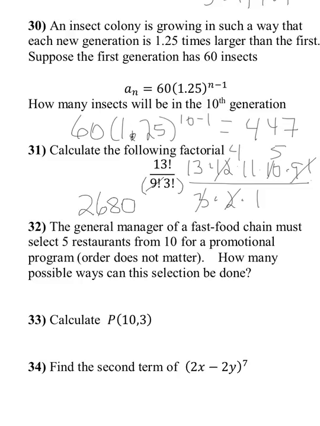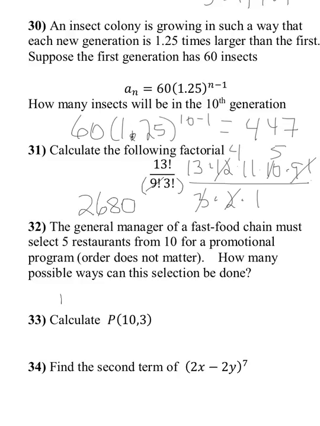All right, so number 32, the general manager of a fast food chain must select 5 restaurants from 10 for a promotional program. Order does not matter, so this is going to be a combination. How many possible ways can this selection be done? In your calculator, from the main calculation screen, you're going to go to menu and pick probability, and then pick combinations.